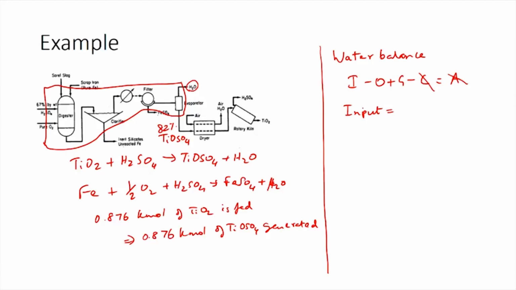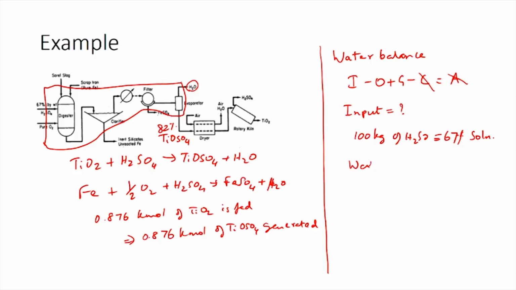Input is from the H2SO4 stream. We know that 100 kilograms of sulfuric acid is fed and this forms a 67% solution. So, this implies 100 kilograms of H2SO4 forms a 67% solution.